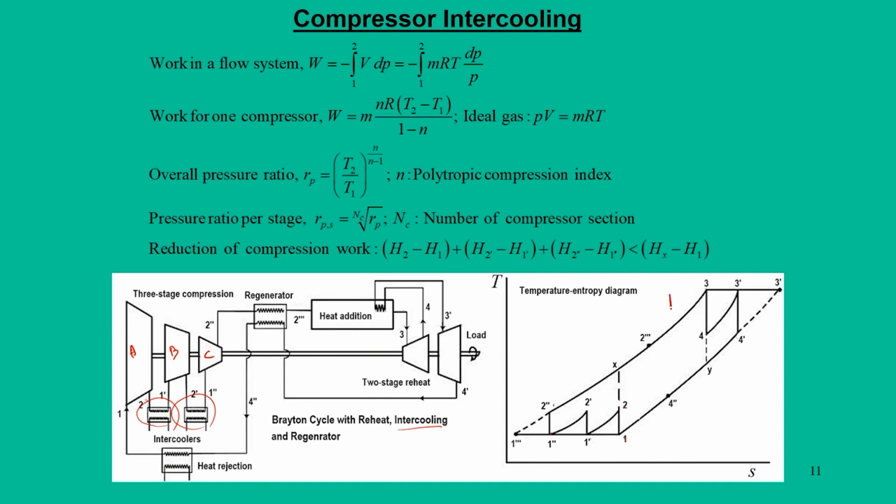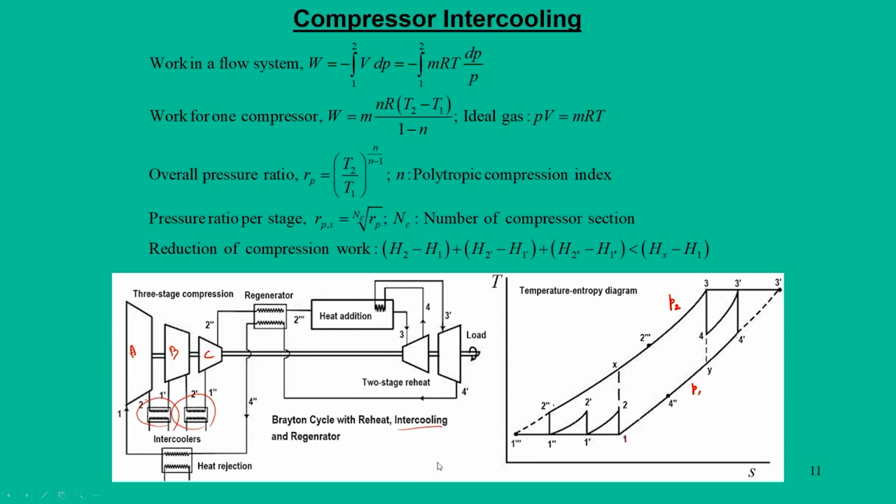These are the 2 constant pressure lines, let us say P2 and P1. To reach P2, instead of going through an increase in temperature, we are going along a constant temperature line to the best possible extent. So, the process tries to be more like an isothermal process, and that way we are getting much benefit.